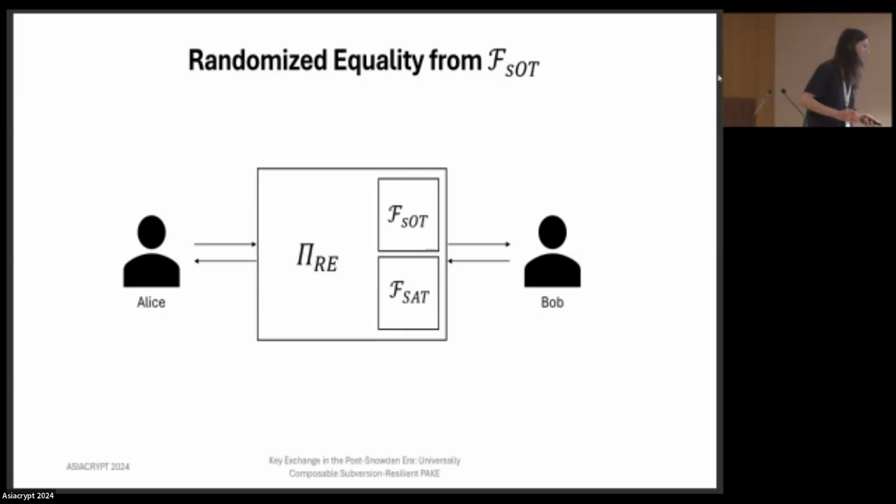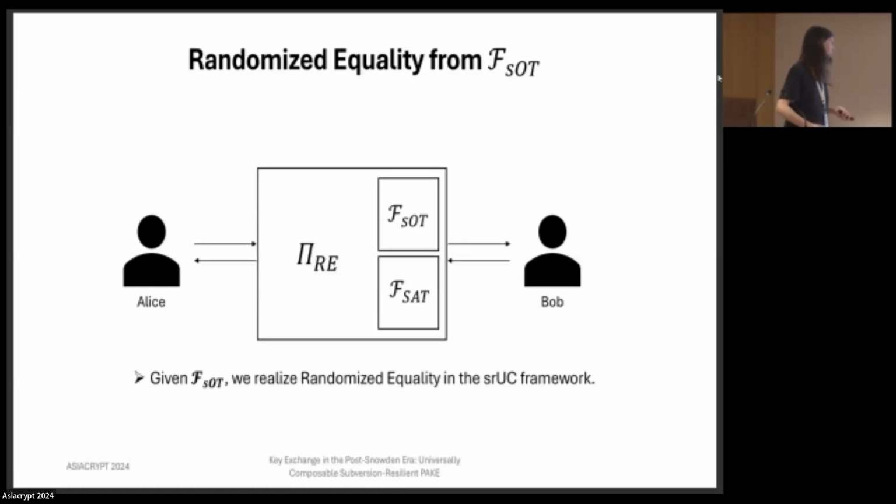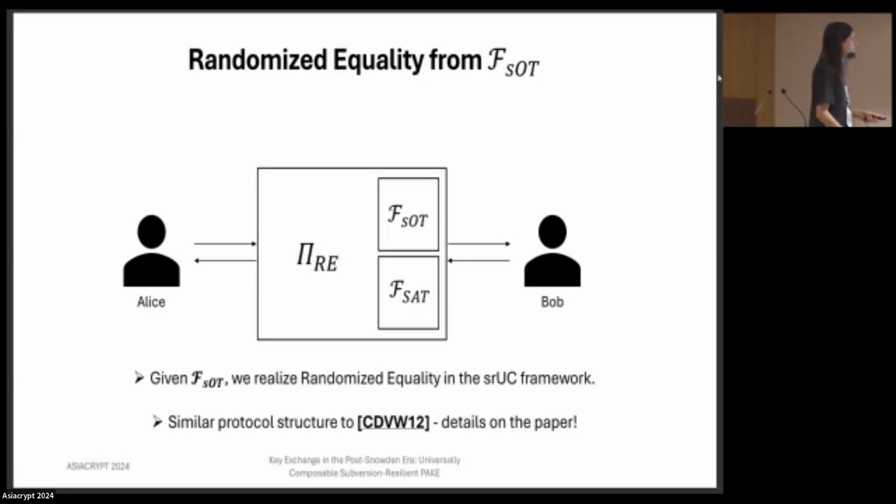And once we have this building block, we get PAKE by sanitizing the building block that we saw before, yeah? So we can realize a protocol that realizes the randomized equality ideal functionality, even in the presence of subversion, by assuming this building block. Of course, there are some subtleties that have to be accounted for because this sanitizability functionality is semantically different compared to the original one.